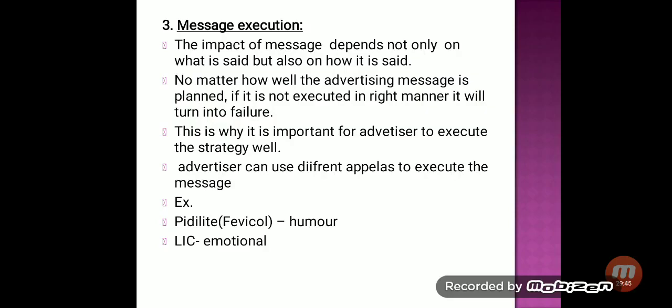Now you have to implement your idea into practice. So no matter how good your idea is, if it is not executed well, all the efforts that you have put for advertisement will go waste. So execution should be done correctly and properly.